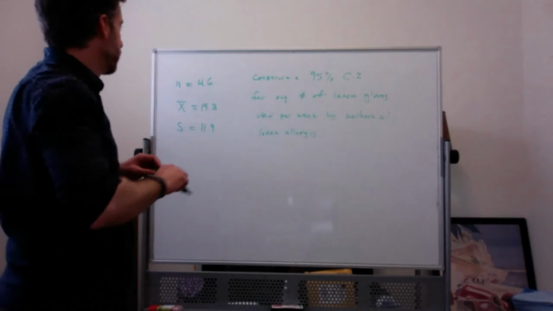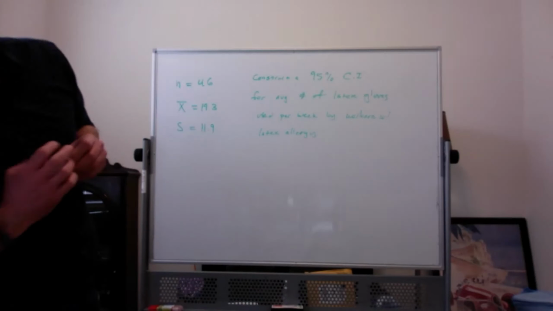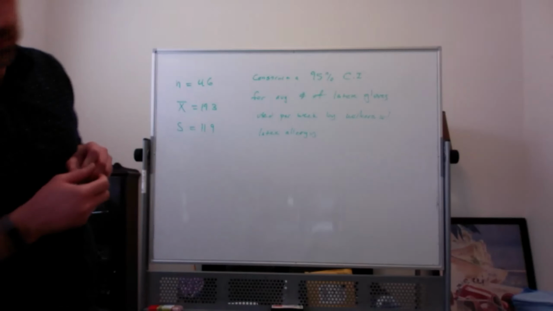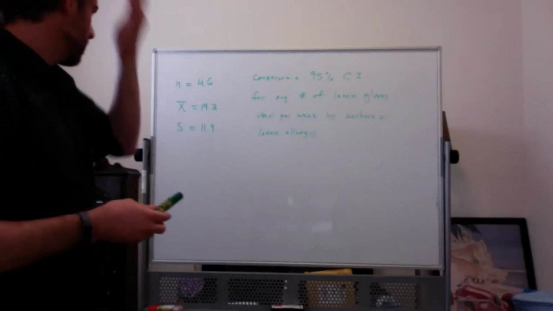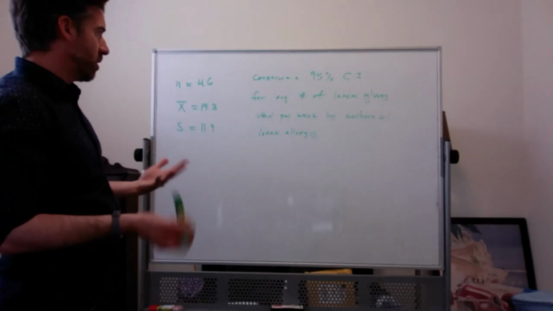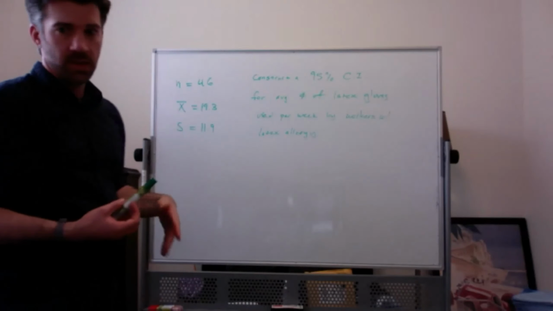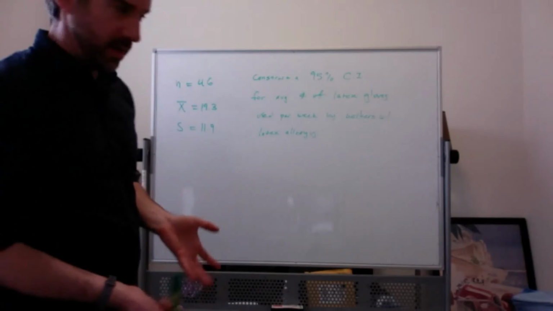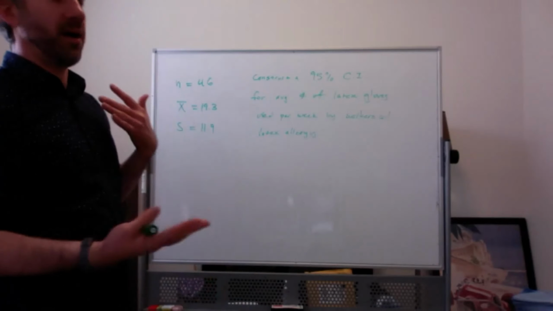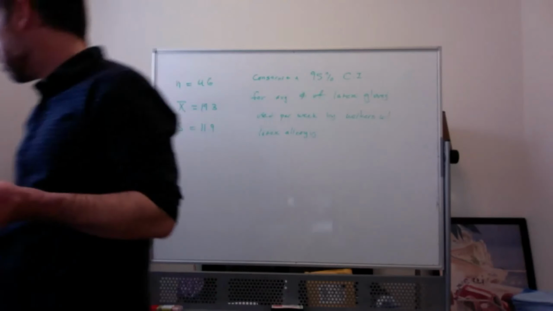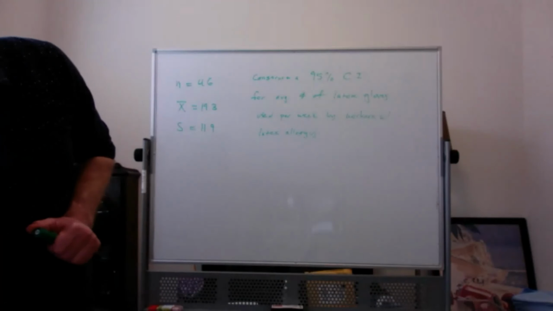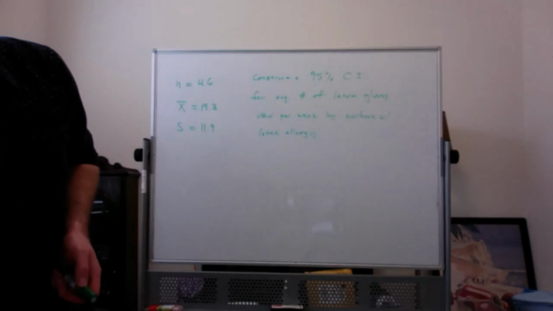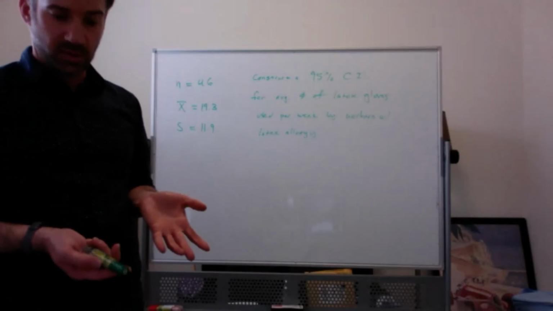So the way we're going to construct this confidence interval is the usual way. Well, I should back off on that, because there are different usual ways depending on the information you've got. In this case, we don't know about the distribution, and we don't know if it's normally distributed or not.